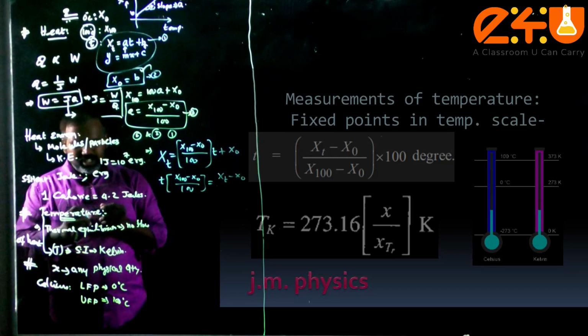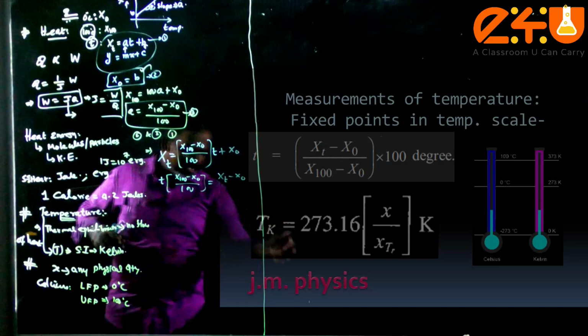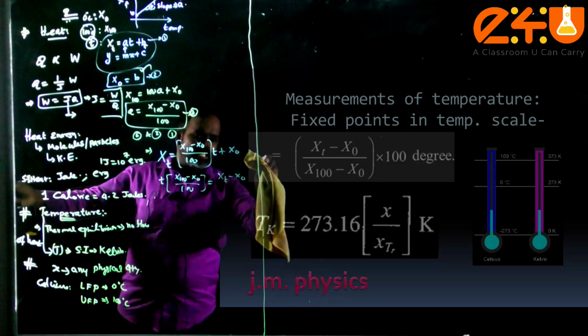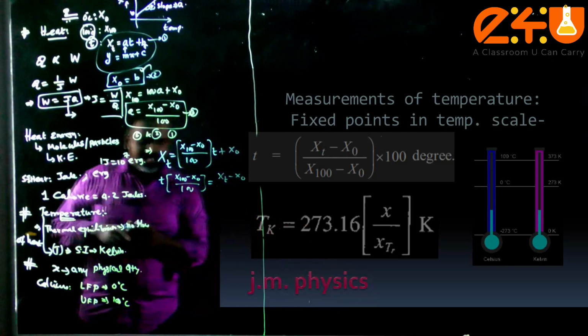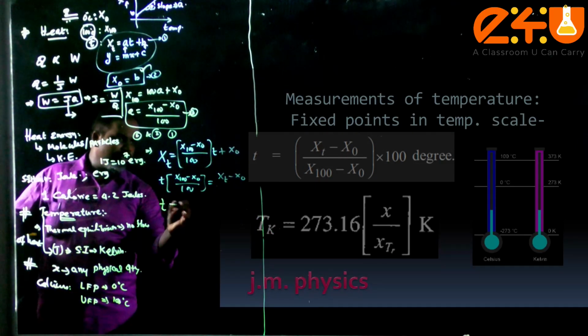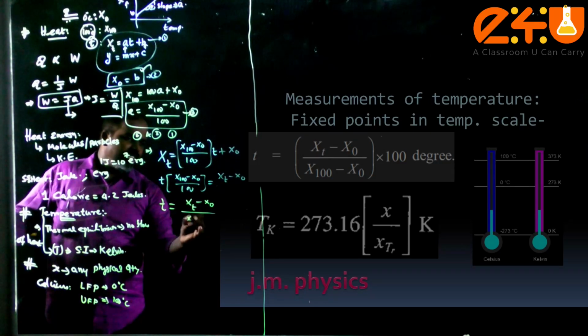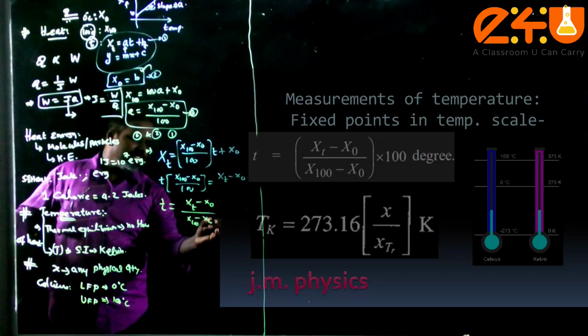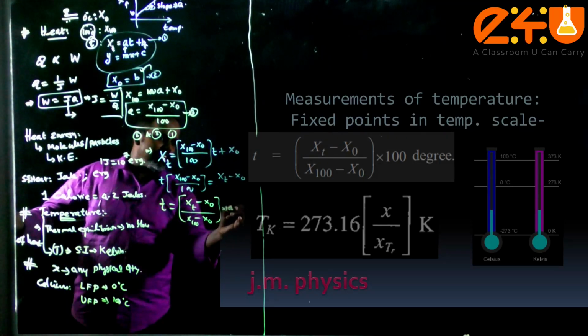Or just to keep the t alone, because that is the equation we need, and we have shown the same thing here also. So now we see that t is equal to xt minus x naught divided by x100 minus x naught. This 100 will go to the numerator, so therefore this is 100.